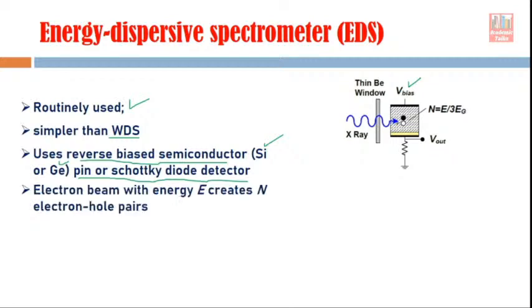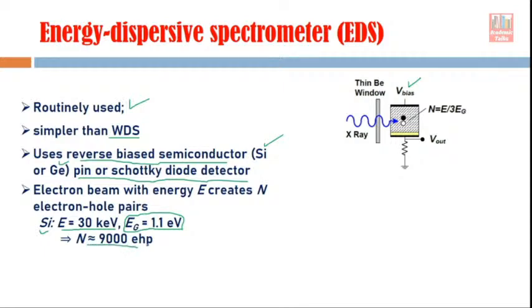Now according to one estimate, when an electron beam of energy 30 kilo electron volt falls on the sample surface, and this detector is a 1.1 electron volt band gap material, you know this material is silicon, how many electron hole pairs are generated?